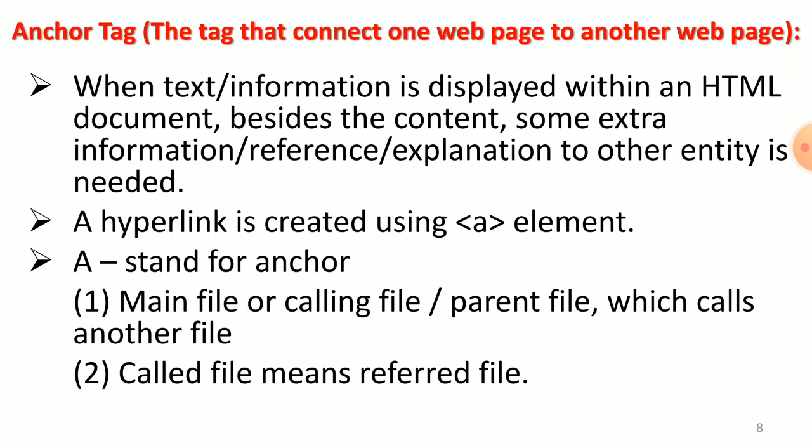In such situations, the extra explanation of a particular entity can be displayed in another web page and linked using a hyperlink. The words indicating a particular entity are displayed in a different color, by default blue, and underlined in the main web page, and are known as a hyperlink.